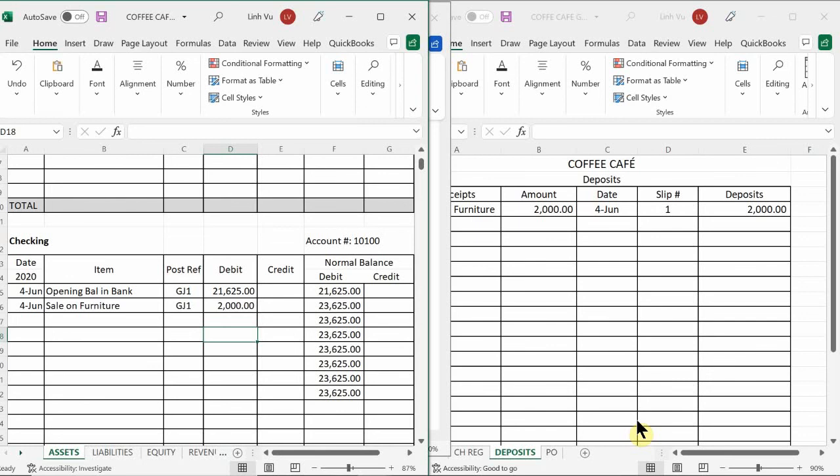And credits increase, not debits. Debits decrease. So I'll be showing you that formula later on when we come across an equity account or a liability and so on and so forth. Okay, so here, that's exactly what we have now. We now have $23,625 in our bank. Okay.